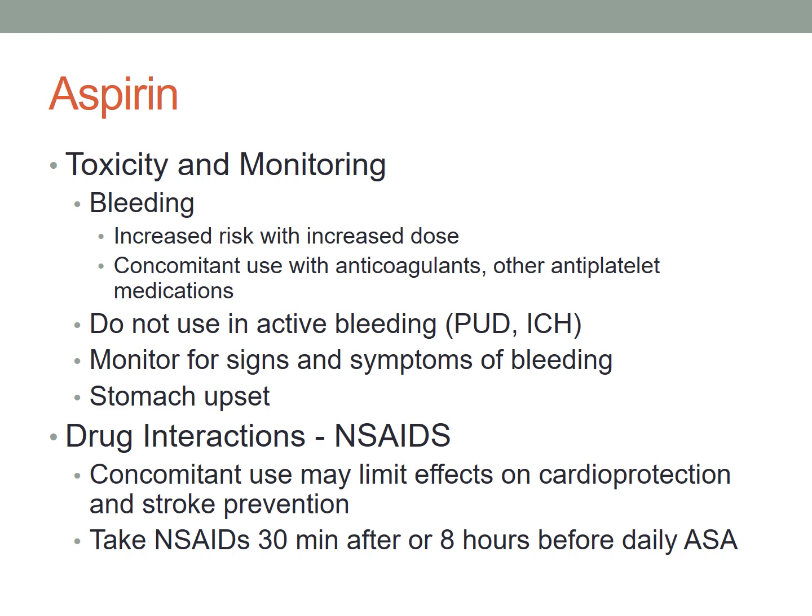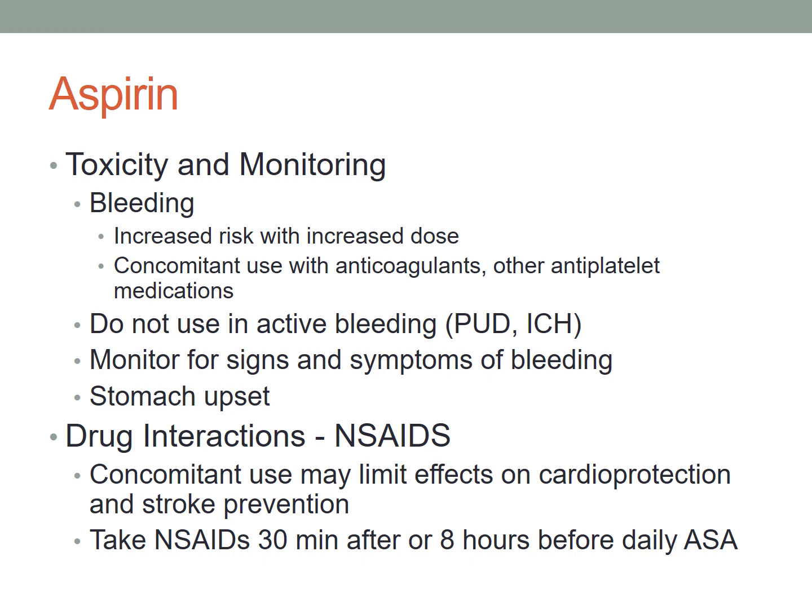Now the effect is dose related, so lower doses used for antiplatelet indications like we're talking about versus using aspirin for an analgesic. In your patients who are just taking your once a day aspirin for cardioprotection, stomach upset probably won't be as much of a problem. I also wanted to talk about drug interactions with NSAIDs.